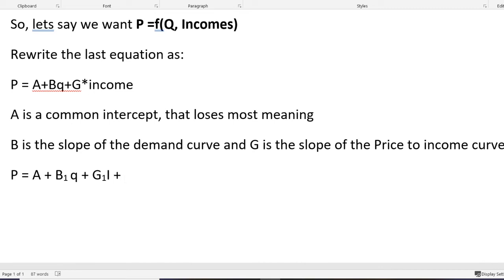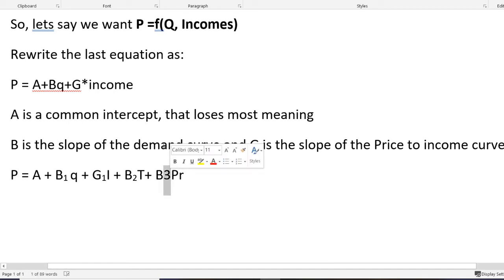We could add a B sub 2 times tastes or preferences. We could have a B sub 3 times price of a related good. I haven't told you what good this is, so we're moving on.